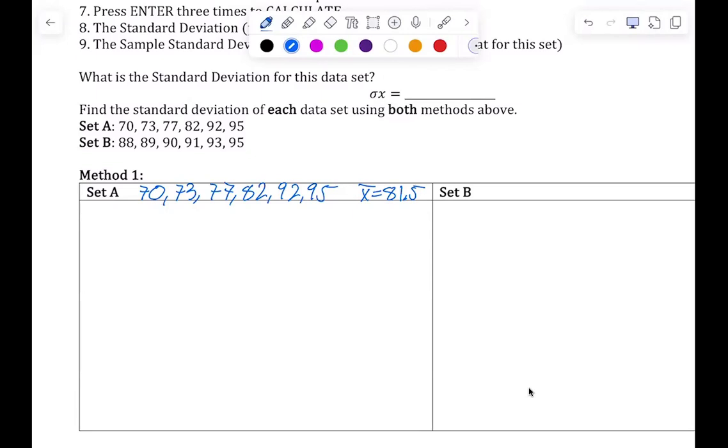What was step 2? We took each number and we subtracted the average or the mean from it.